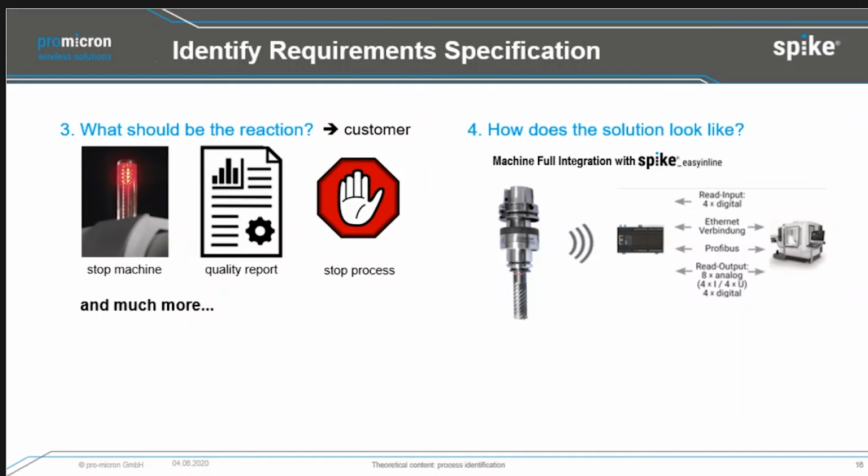And at this point, we'll also need to get the machine and the control manufacturer into the project, because you can imagine if we are increasing or decreasing the feed rate or stopping the machine, there might be the issue that the machine operator says, hey, wait, why are you handling my machine and why is it not me handling the control system of the machine any longer? So this is a question of insurance, which is why at this point the machine and the control manufacturer need to be involved.